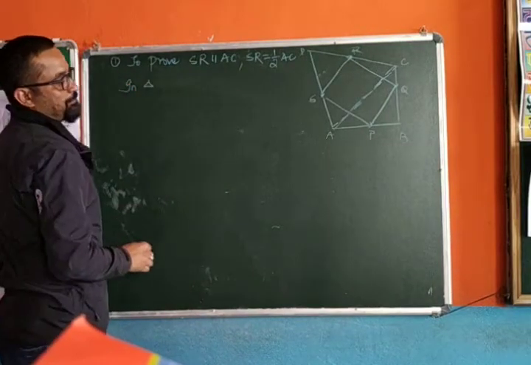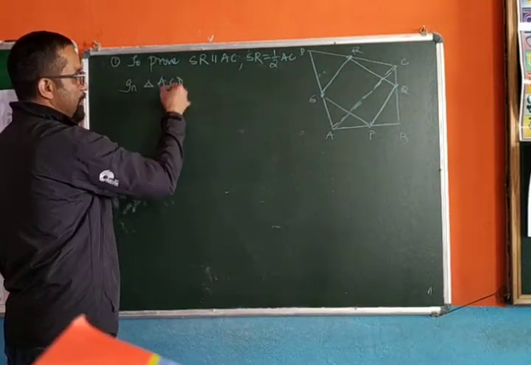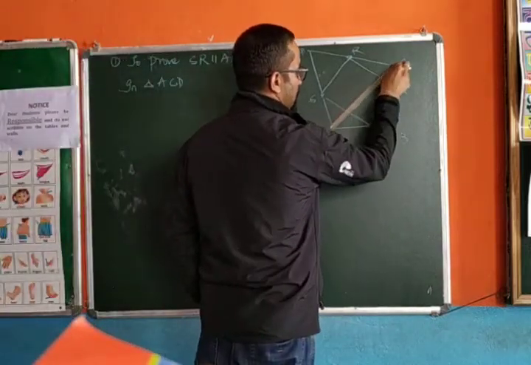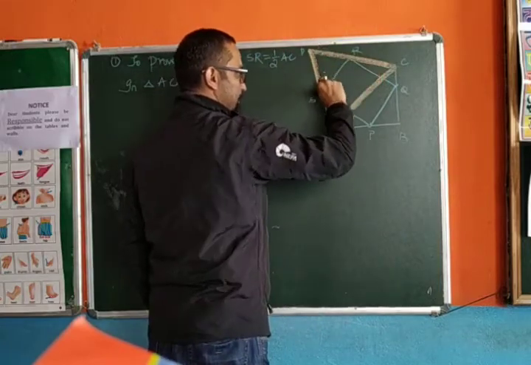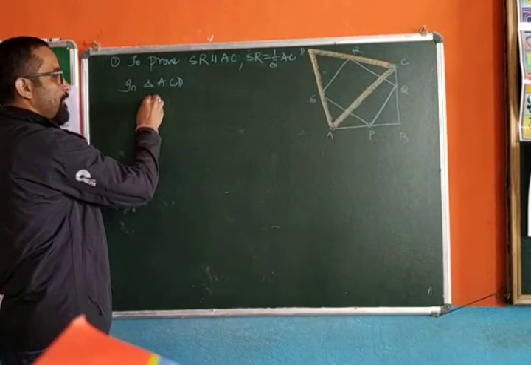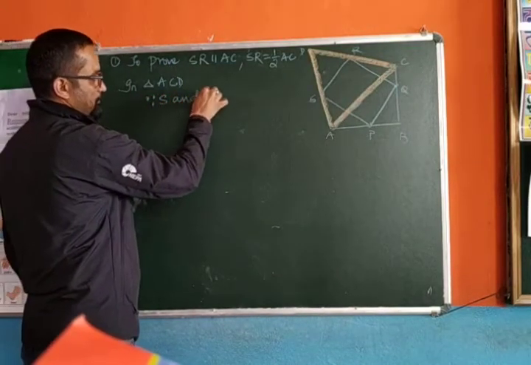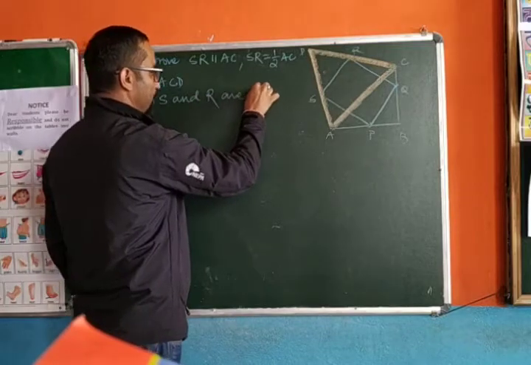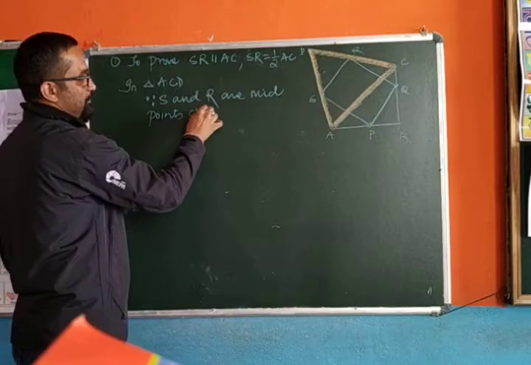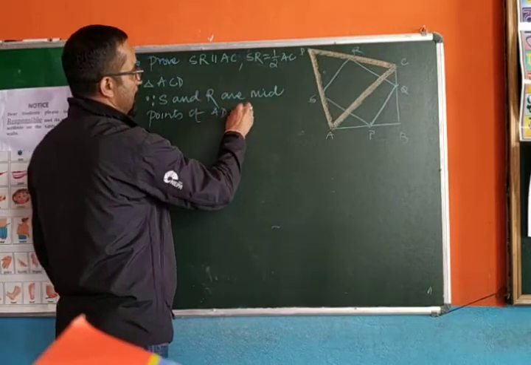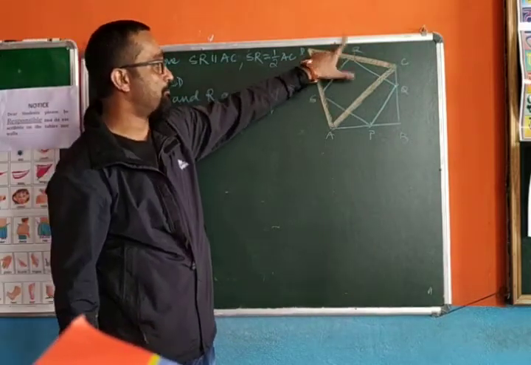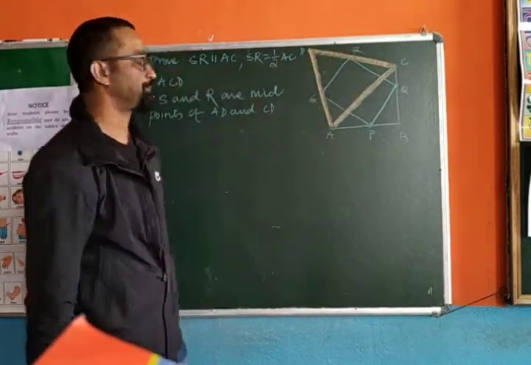In triangle ACD, look at this part, ACD. Since S and R are midpoints of AD and CD, S and R are midpoints of the sides.